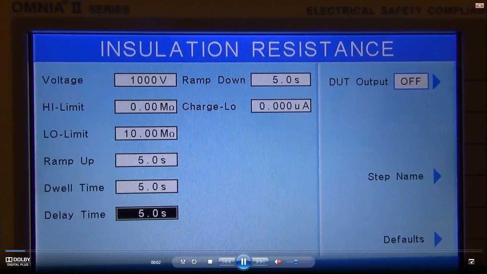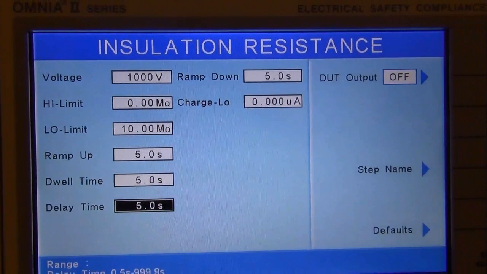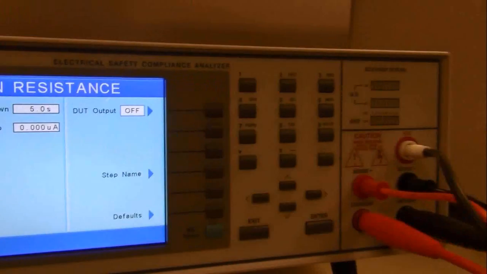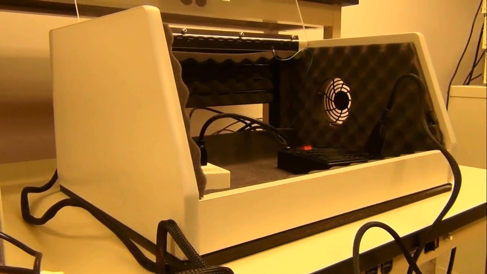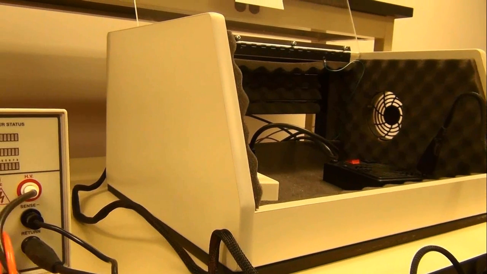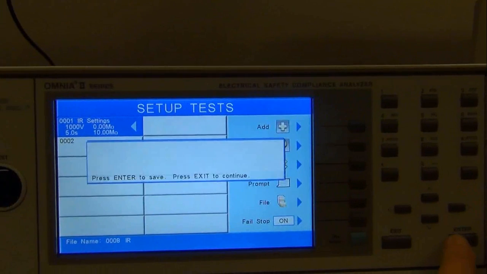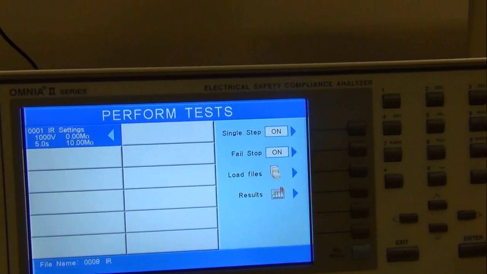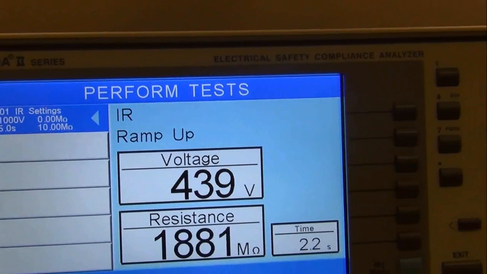So just bear with me while I pull up this video. Okay, so once again, as you can see from the screen, everything else stayed the same, but the dwell time changed to 5 seconds instead of 60. All the connections are still the same. The device is plugged into the adapter box. The return lead completing the circuit is connected, and I'll go ahead and initiate the test.